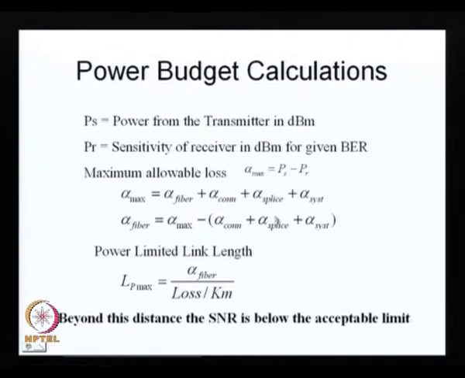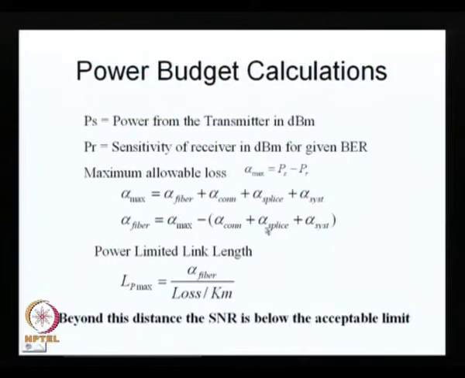Of course, the splice loss also is proportional to the length in some sense, because if you use the fiber spools of standard length, as the length increases the number of splices are also going to increase. The typical loss which you will get for the splice would be of the order of about 0.05 dB, whereas a connector may give a loss of 0.1 dB, something like this.